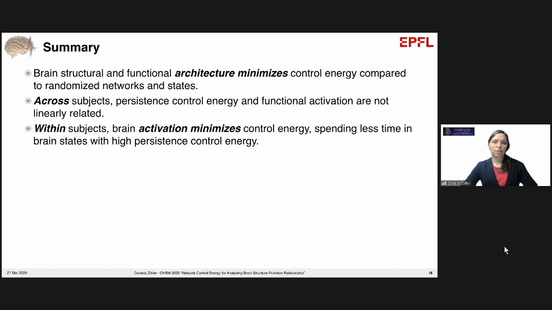Within subjects, however, we found that the brain activation minimizes control energy by spending less time in brain states with high persistence control energy. And this relationship is weaker in patients with 20q11 deletion syndrome.